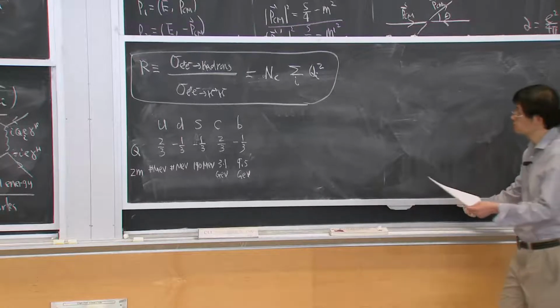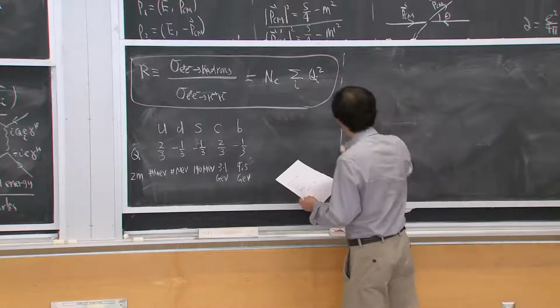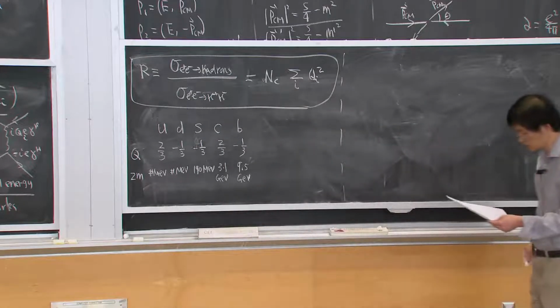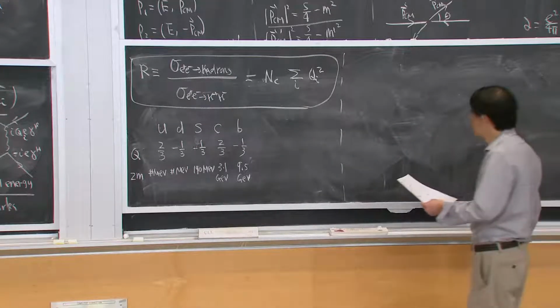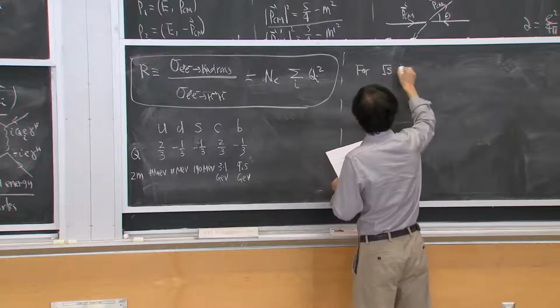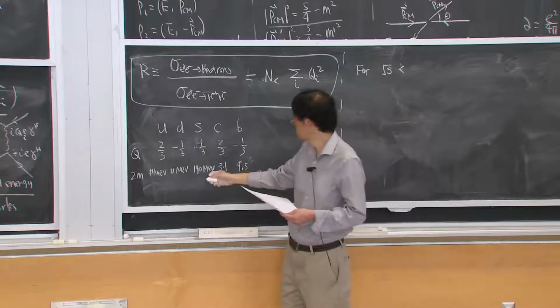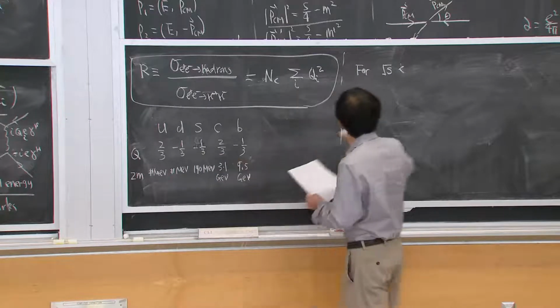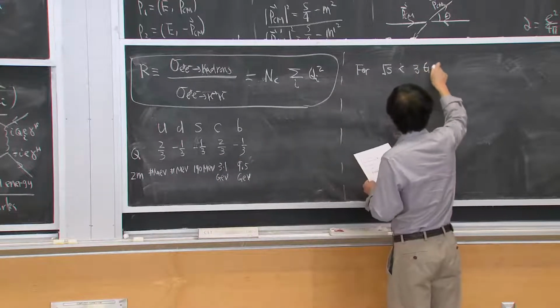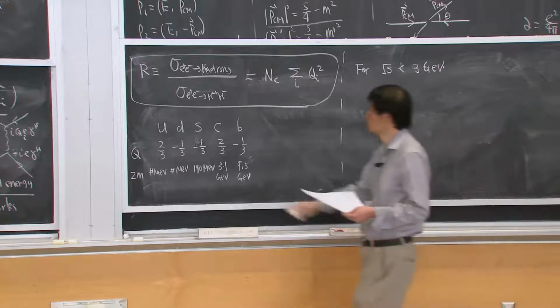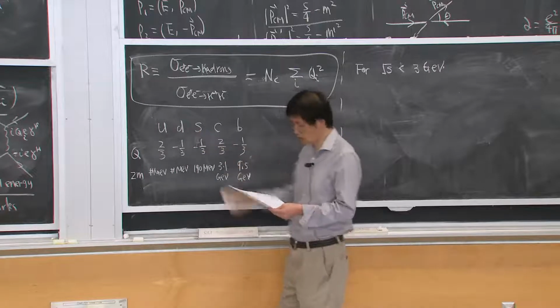So now let's consider the value of R as a function of energy. If we consider the square root of s smaller than the charm threshold, say 3 GeV, then we can just produce u, d, s.